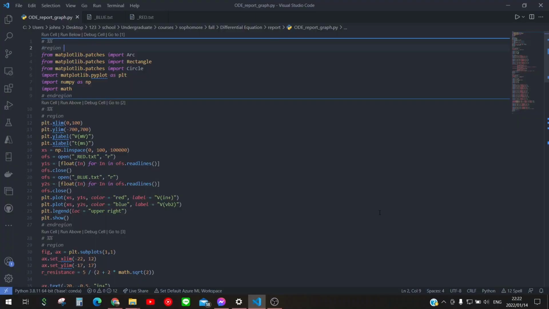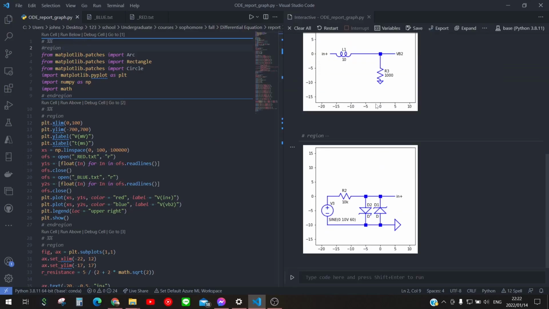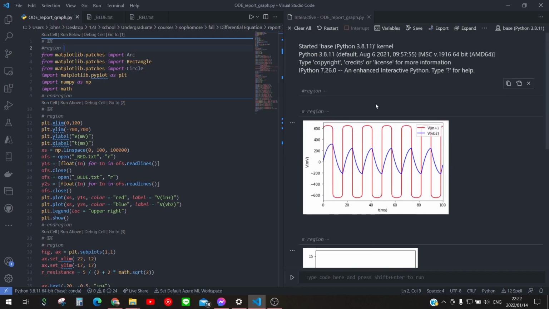Let's take a look at some graphs related to our innovation. The first one is the VT graph. The graph is generated based on the dataset here.